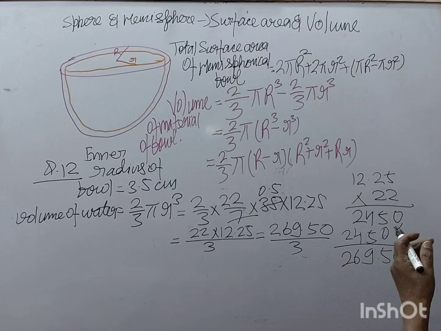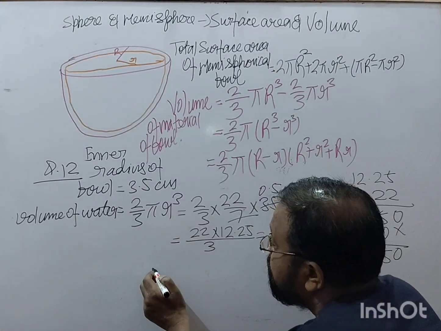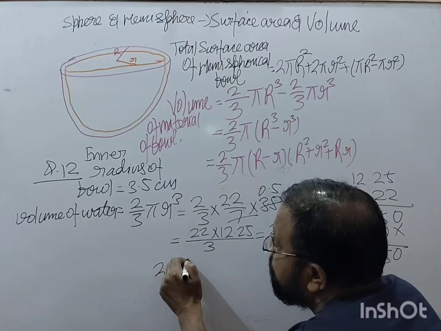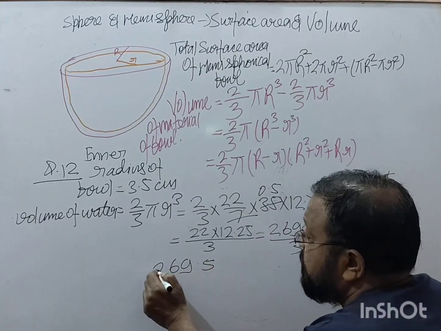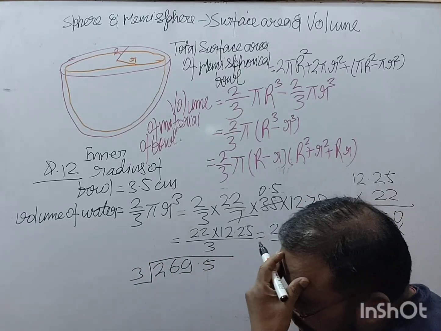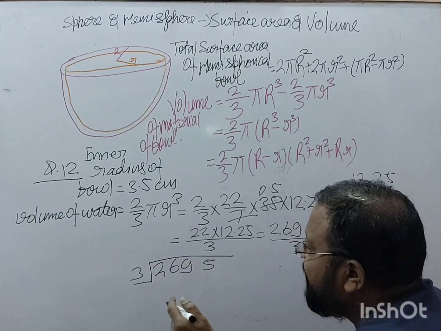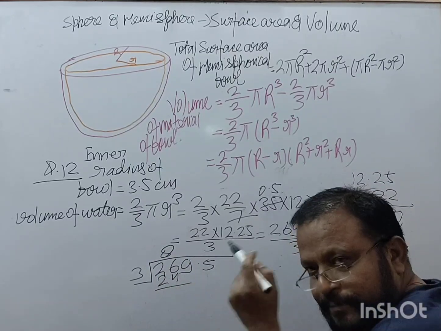So what is your answer? 26.50. 89.5. 8 times 3 becomes 24.